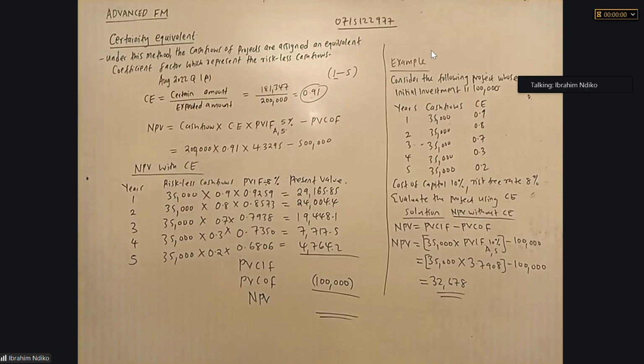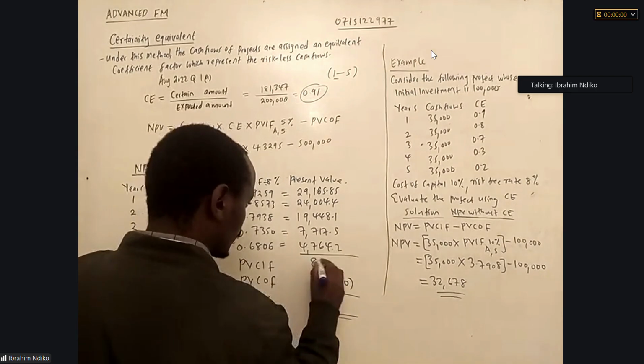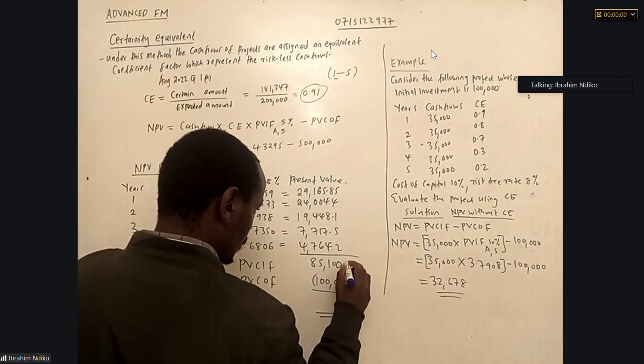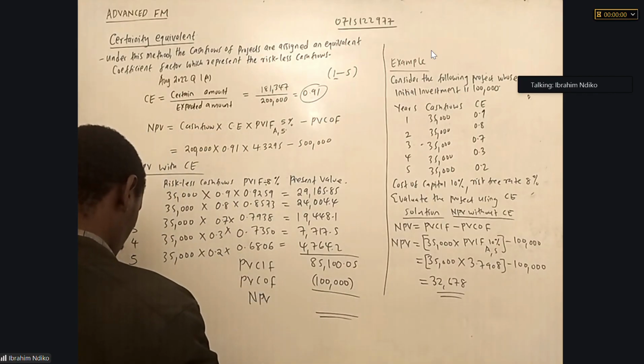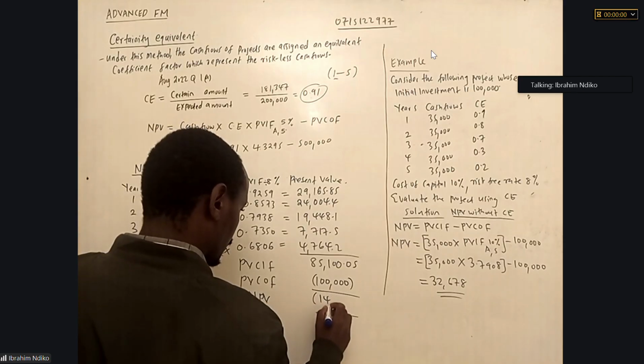Then we add them together. So 29,165.85, 24,004.4 plus 19,448.1, plus 7,717.25, plus 4,764.2. Compared with the 100,000 outflow, the total is a negative.